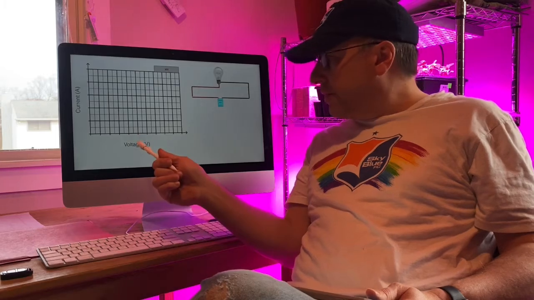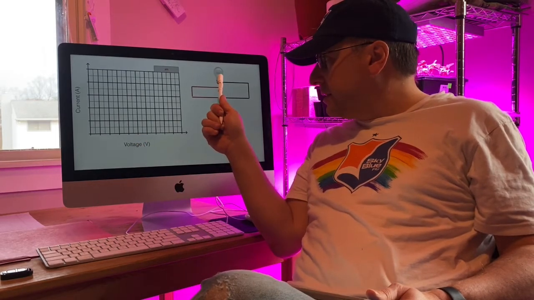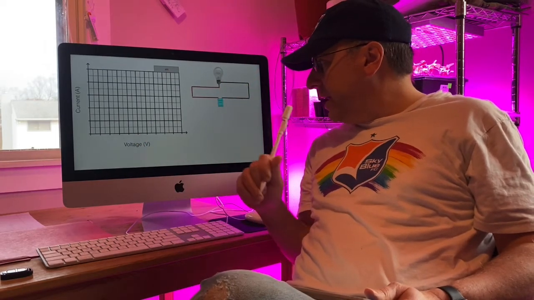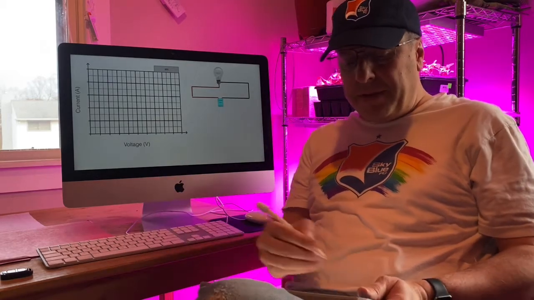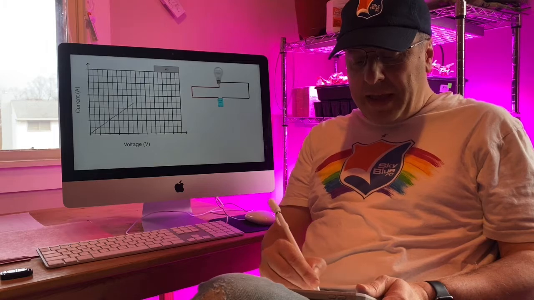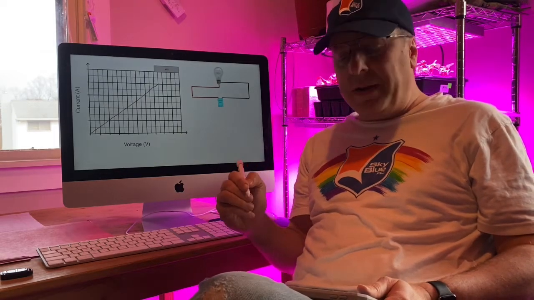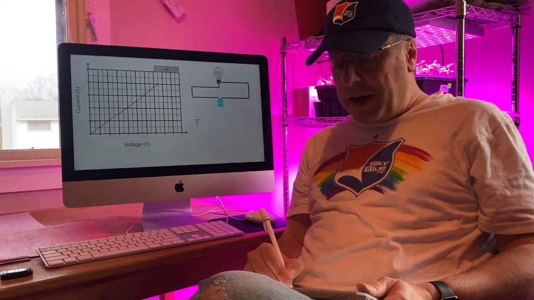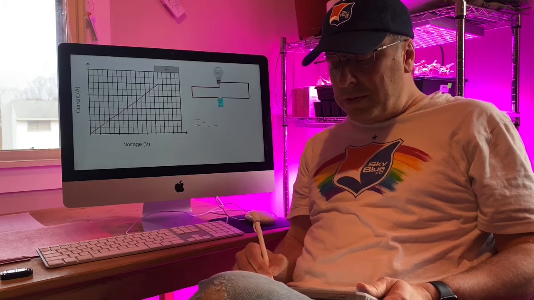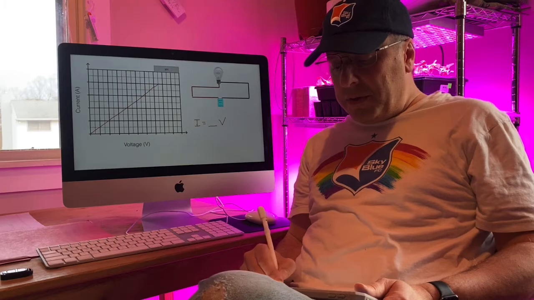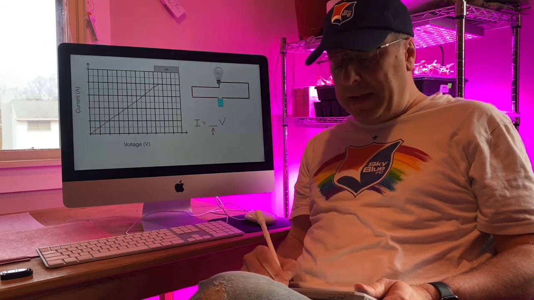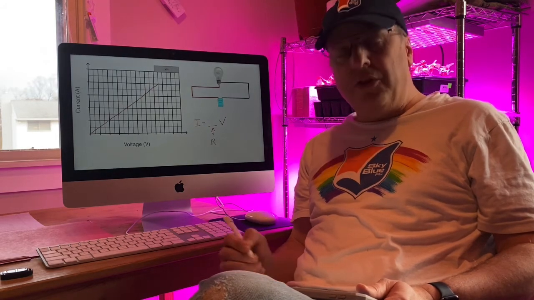In lab, the first thing we did is we kept our resistance constant and we changed the voltage of our battery. You cycled through like 8 different batteries and all of you found a nice proportional relationship. You got some kind of number, I equals some number times voltage, and that number that you got here is somehow related to the resistance that you used.